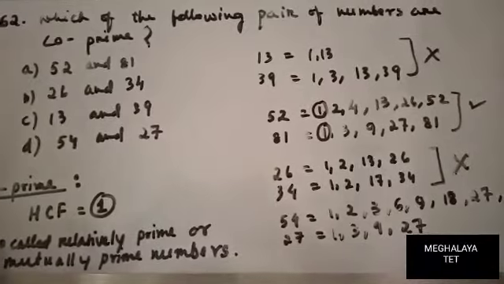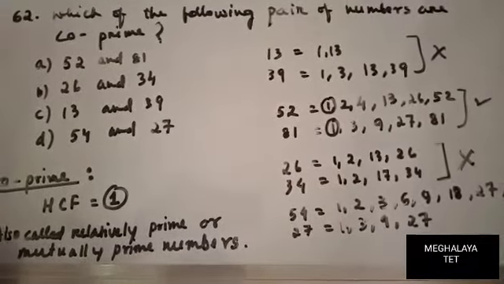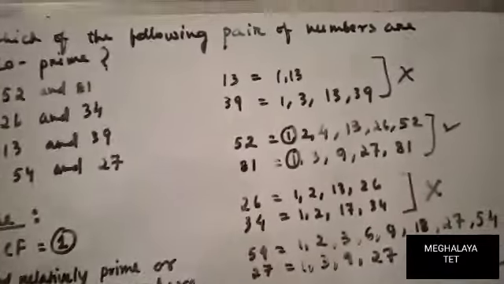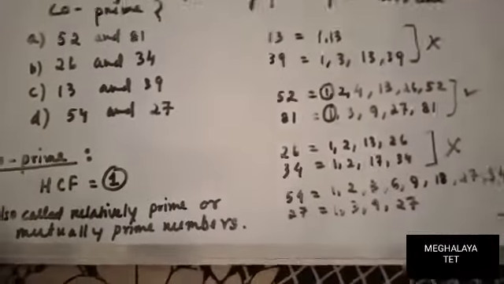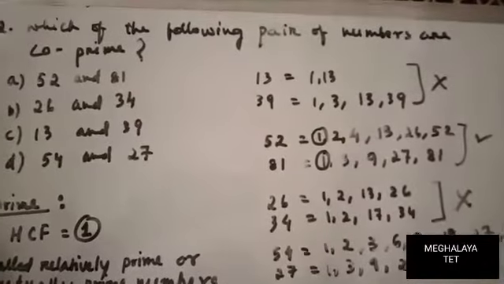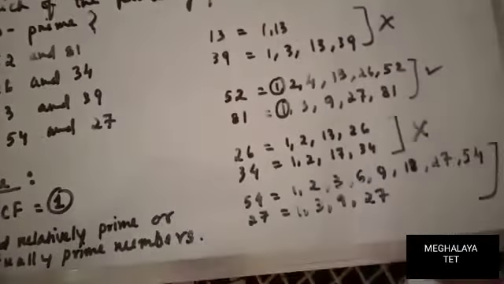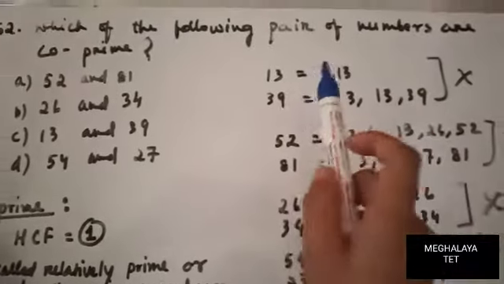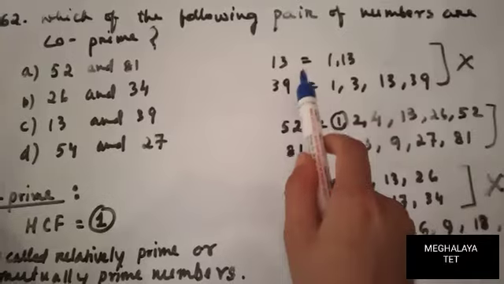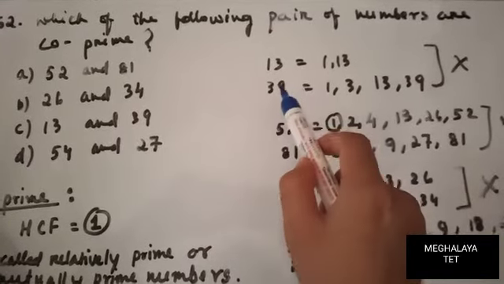In order to understand the highest common factor, I'll explain what it is. Suppose we consider the first one. We know 13 and 39, 13 is a prime number, so is this a coprime pair?